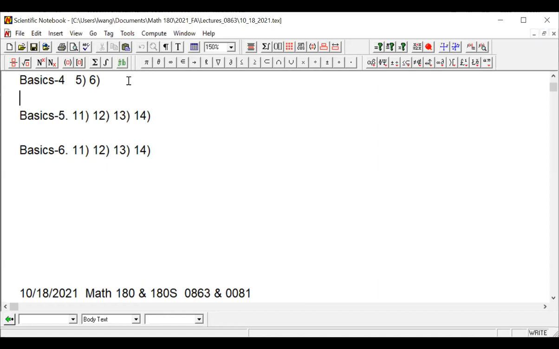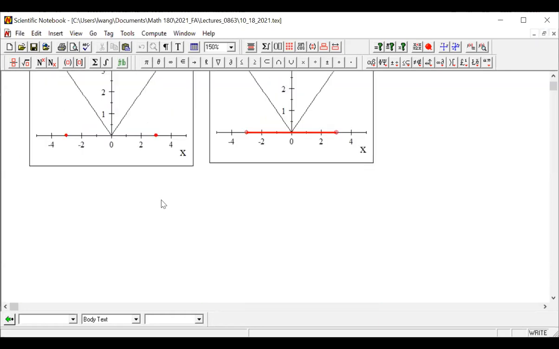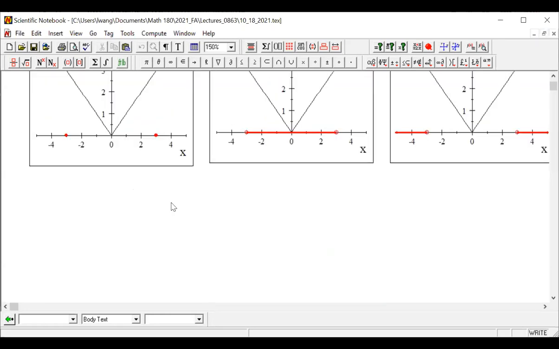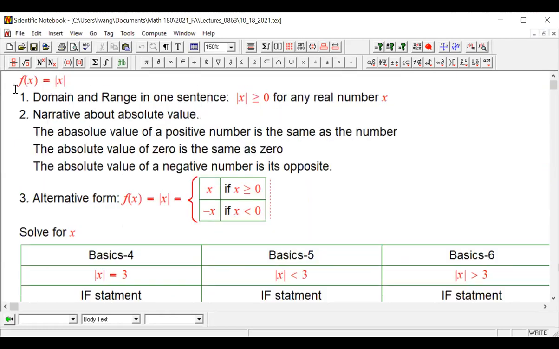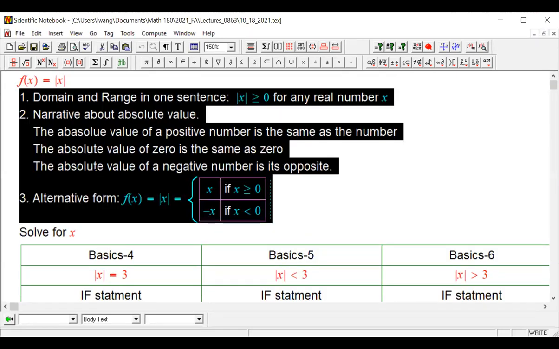Okay, now think about it. I want you guys to think about it. So tomorrow we're going to be talking about these questions and what the solutions are. Our point is that you need to understand the concept I give you guys right here: at the beginning, the implication, the graph, and these three elements.